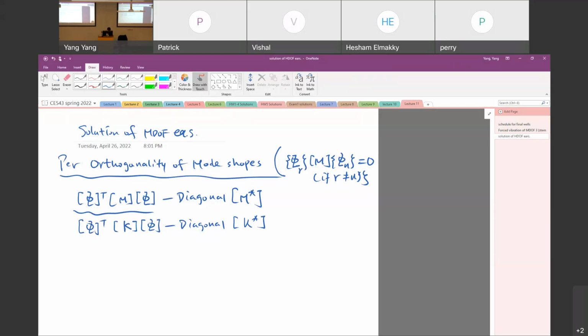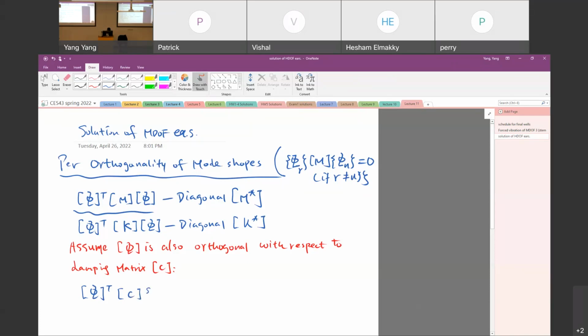So we can only assume, and we assume that the phi also goes to the damping matrix.